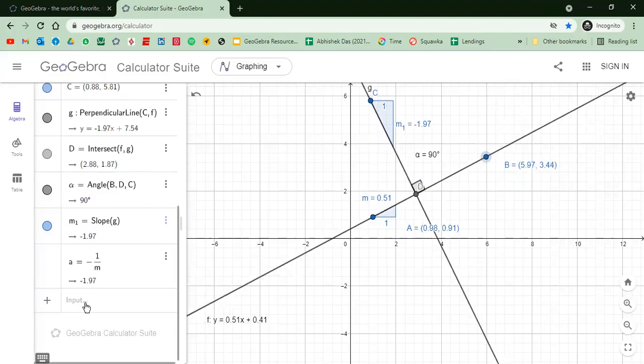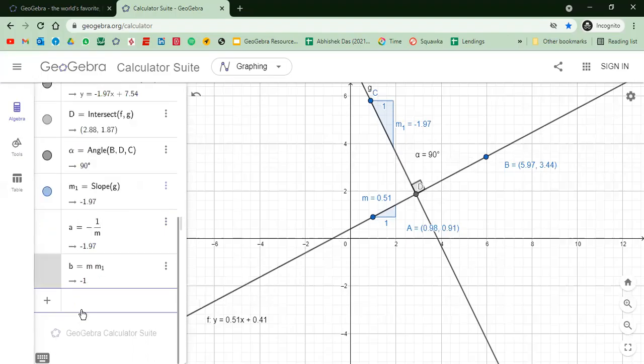Or you can also do this: multiply the original slope with the new slope m1, and you will always get -1. So the product of slopes of perpendicular lines will always give -1. Or you can say that the slopes of perpendicular lines are negative reciprocals of each other.